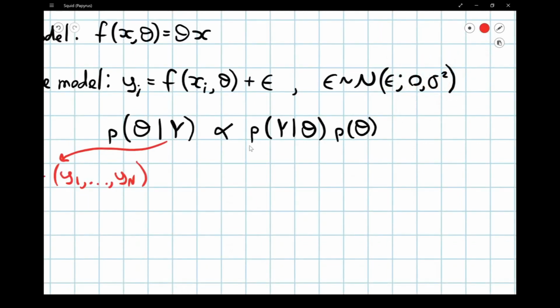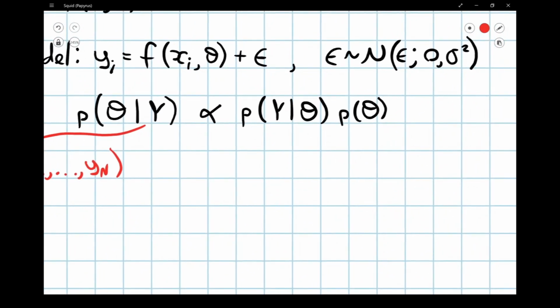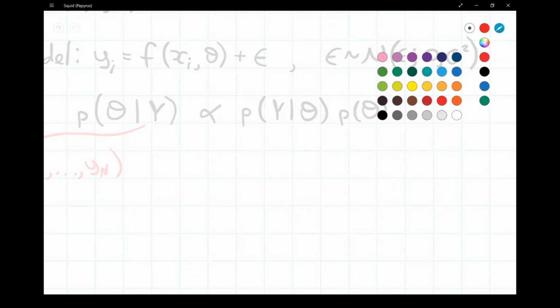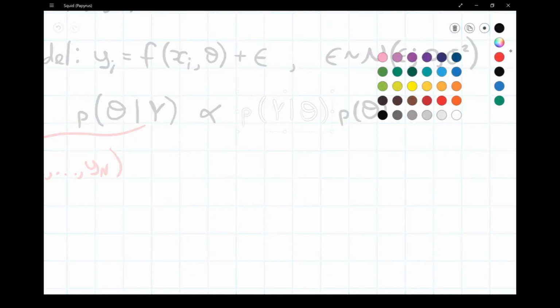Now this is where we can think about our inverse problem. So this is saying, well, what's the probability of y given theta? Is there anything sensible we can say about that? This thing, I'll use a different colour, is called the likelihood.